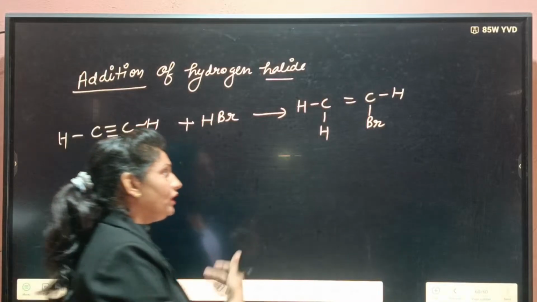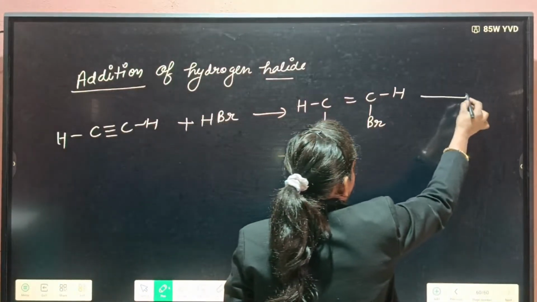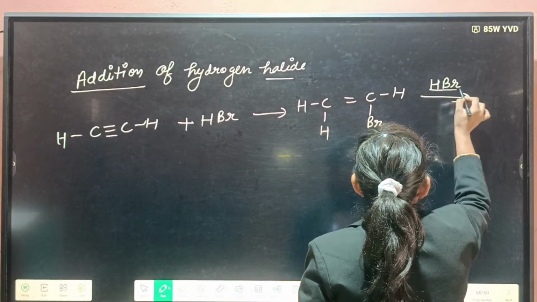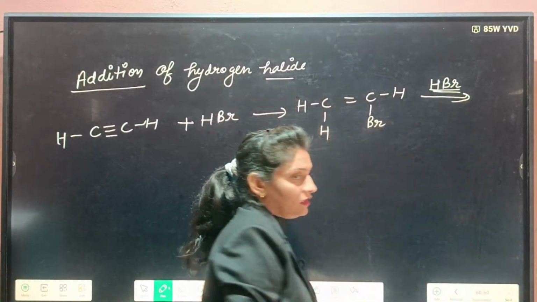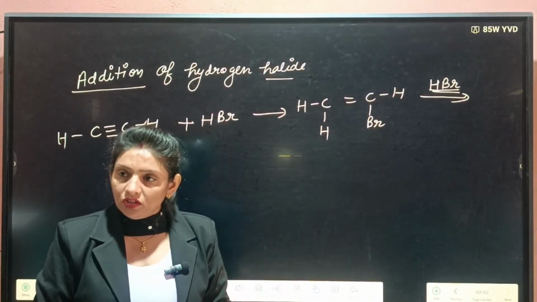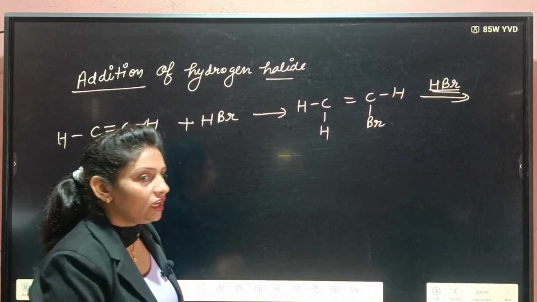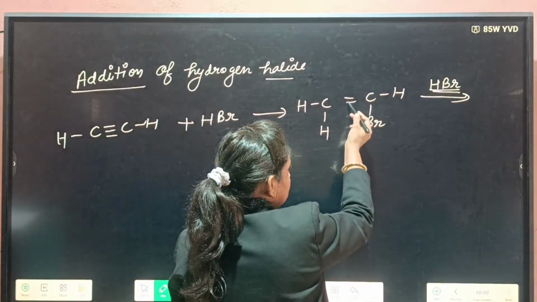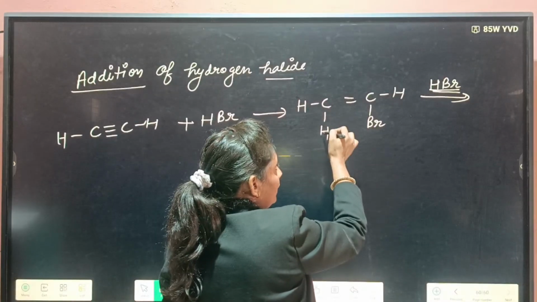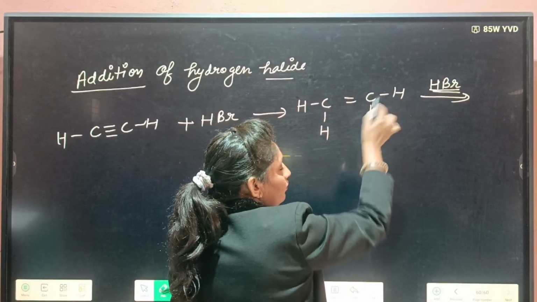Clear? If you have one more unit, then you will follow Markovnikov's rule. This carbon has two hydrogens, and this carbon has only one hydrogen.